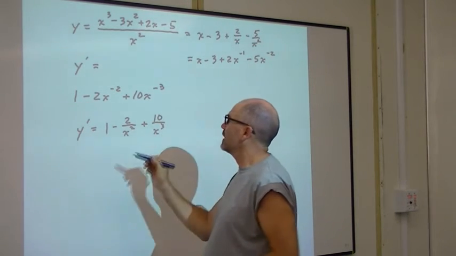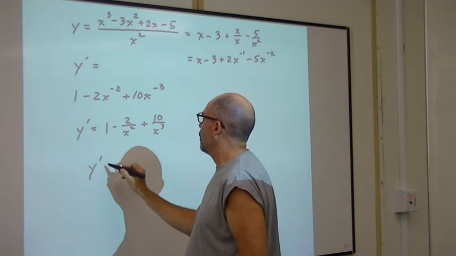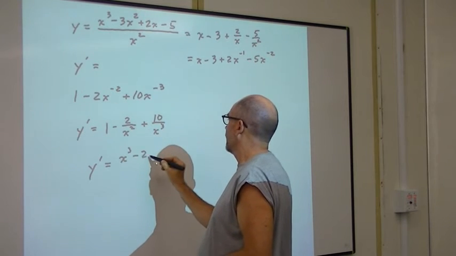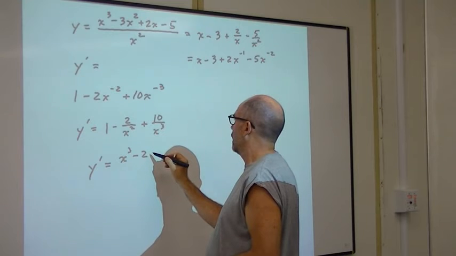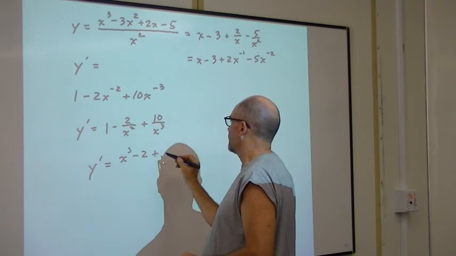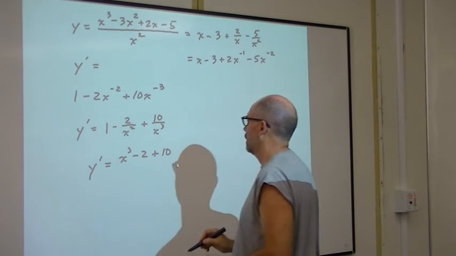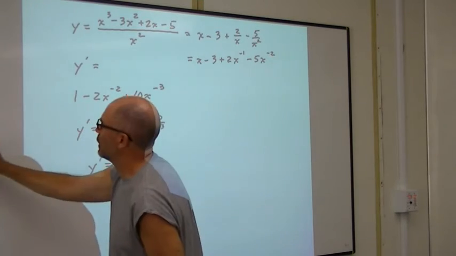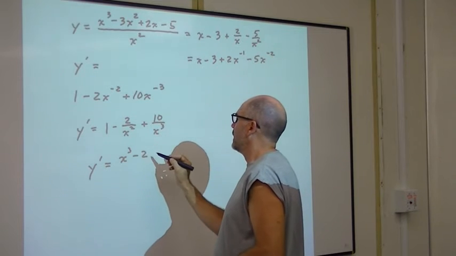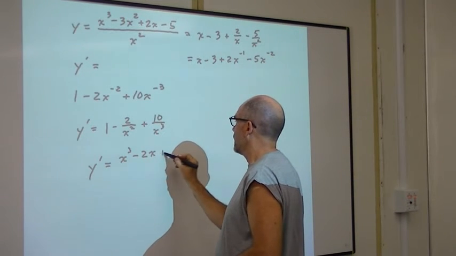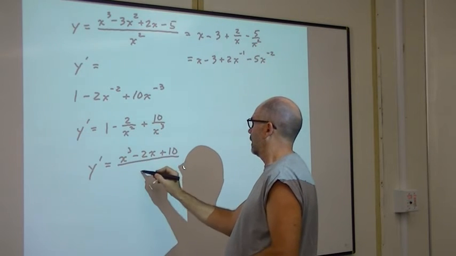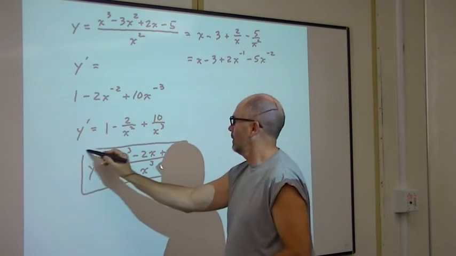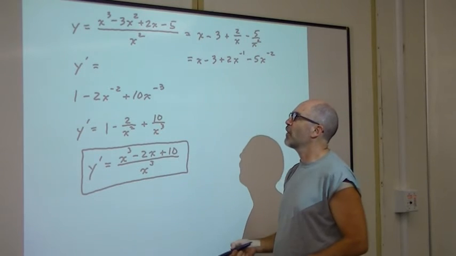And if I wanted to put it back into a single fraction, then I could say y prime equals x cubed minus 2x plus 10. Getting a common denominator, basically. So the common denominator is x cubed. Okay, there it is all in one fraction.